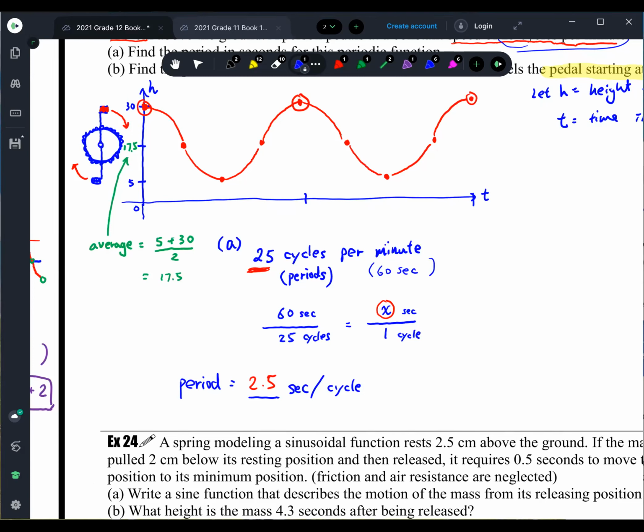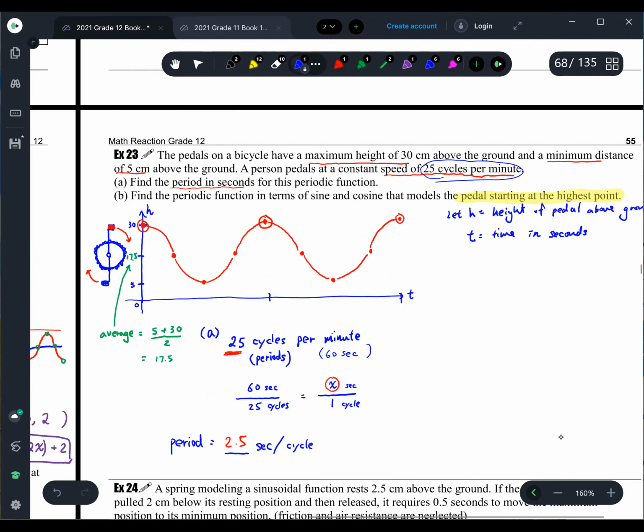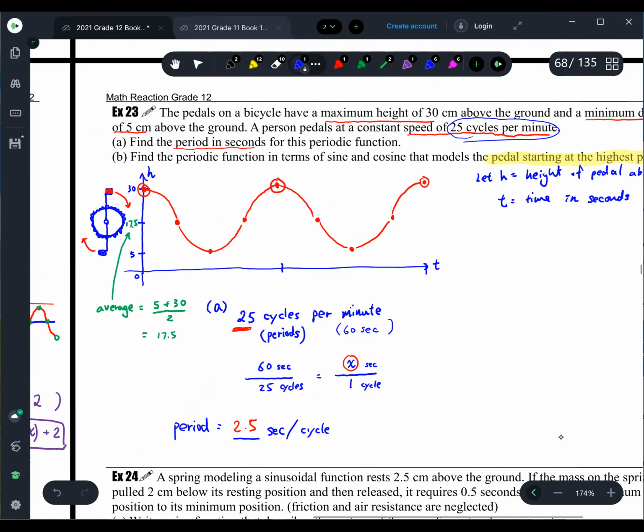Once you have these 4 important numbers, then you're ready to find the equation, the function. Maximum, minimum, the middle, and the period. That's all you need. So 2.5 seconds is here. Sorry, not 2.5, 2.4.